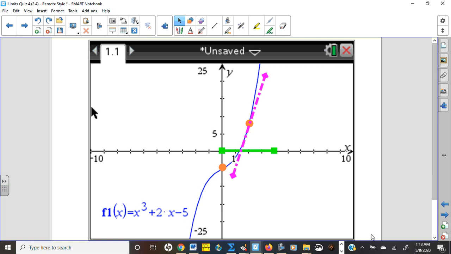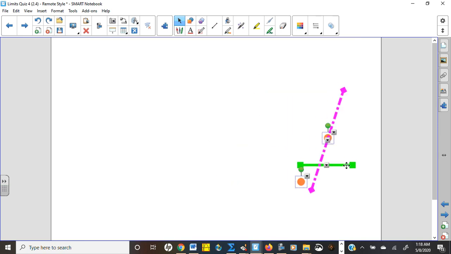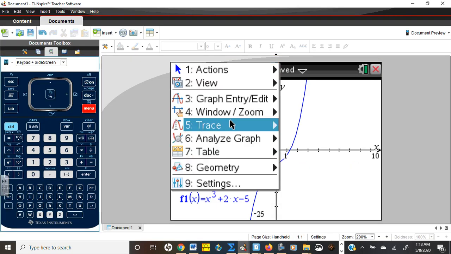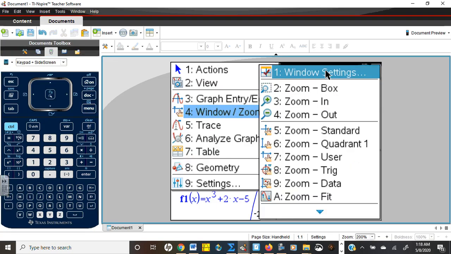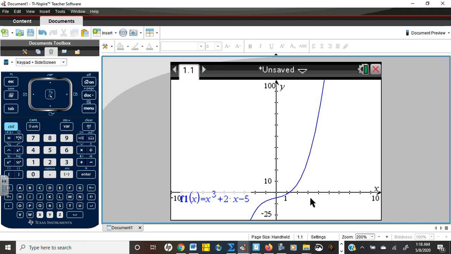Since this ended up being not as good of a graph as it could have been, let's go ahead and throw it out. And we'll come back to our graphing calculator and change that window and go up quite a bit further. Maybe we'll go up to like 100. All right, I think we'll get our value on there now from 4, right?